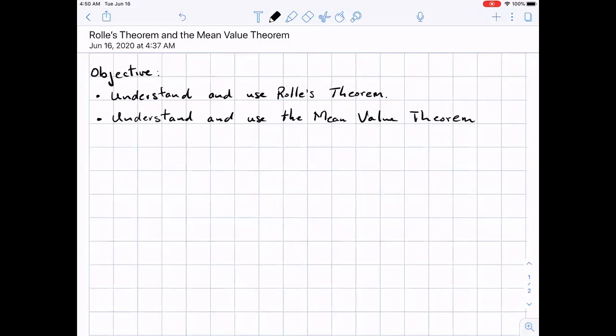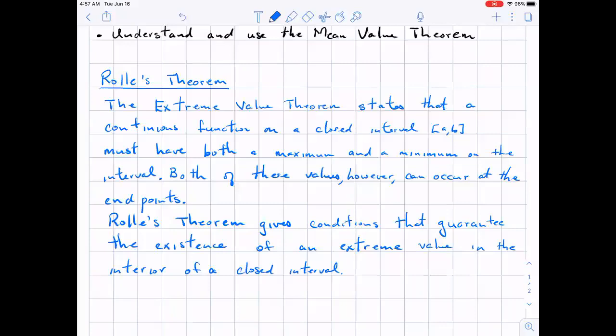So let's recall something from section 4.1, which was the extreme value theorem. It states that a continuous function on a closed interval [a, b] must have both a maximum and a minimum on the interval.